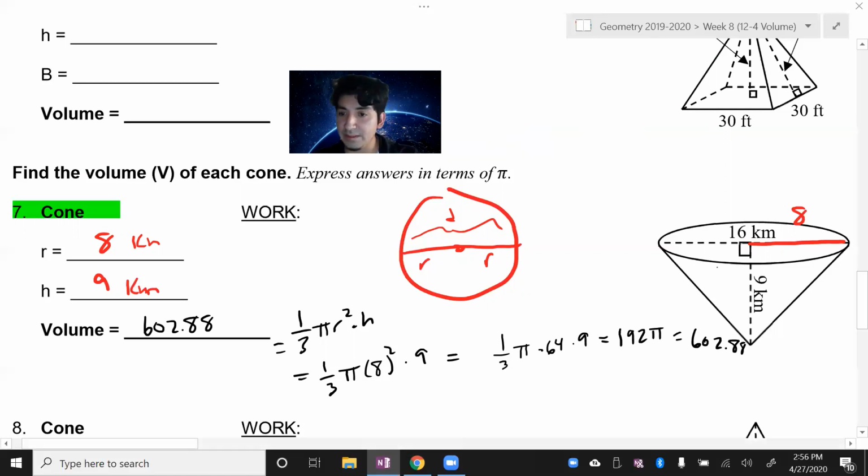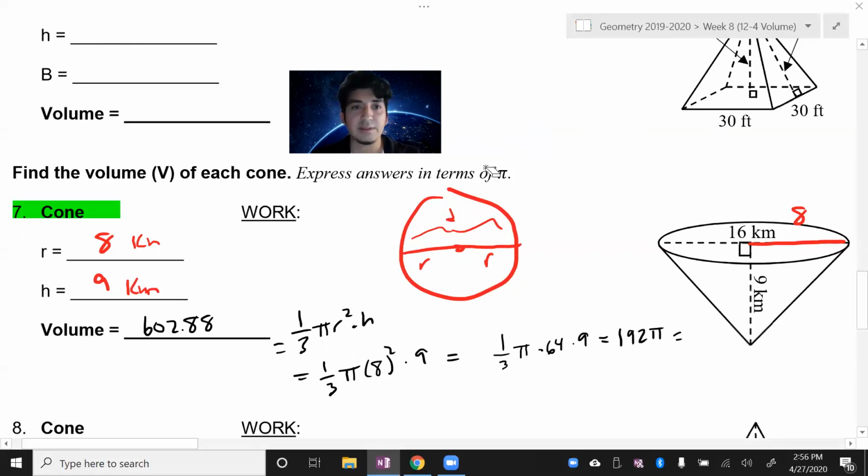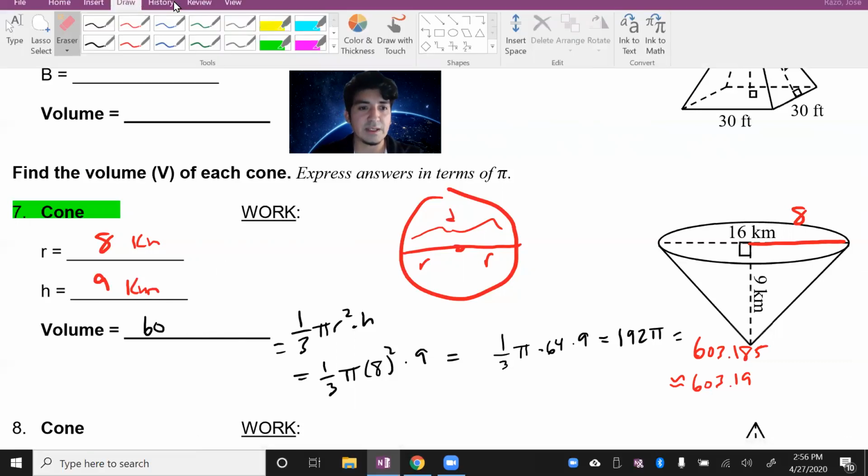Oh, never mind, I was off by a little bit, guys. Let's go back to pi. It should be 603.19 when you round it. So be careful what you're seeing.